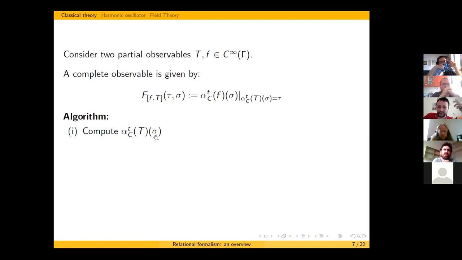So the algorithm is simple. We compute this flow at a certain point sigma in the phase space, and set it to be tau for some parameter tau.